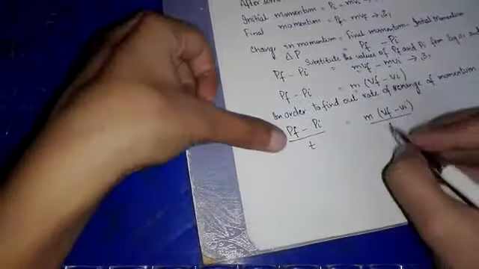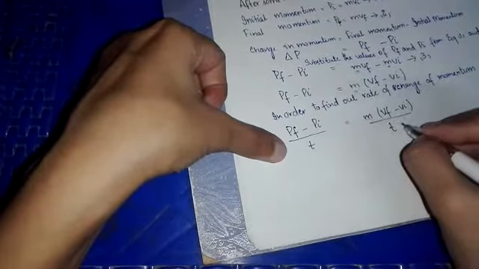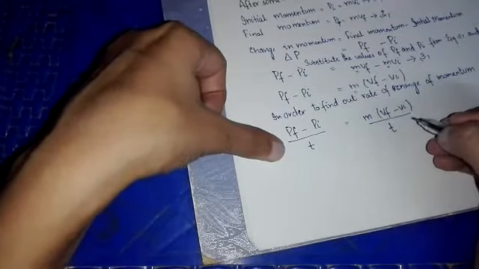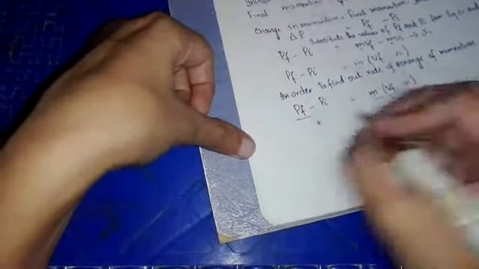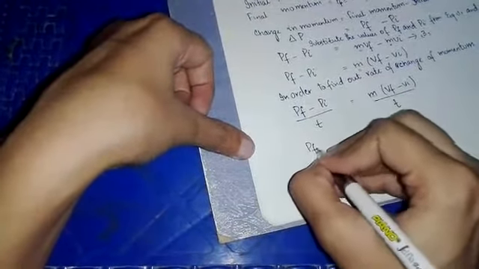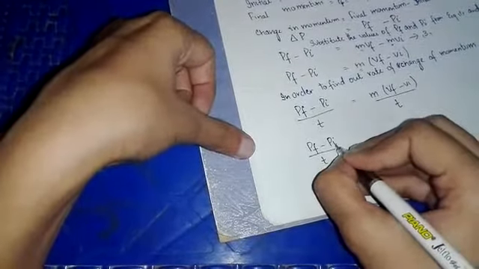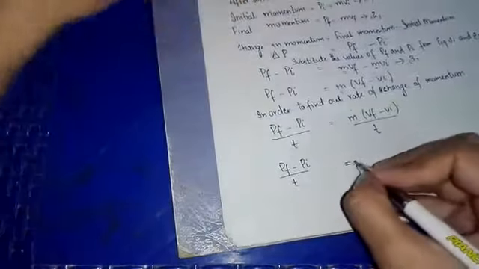We divide the time on both sides of the equation in order to find the rate of change. So we come to know that this is the rate of change of momentum, that is Pf minus Pi divided by T, right?